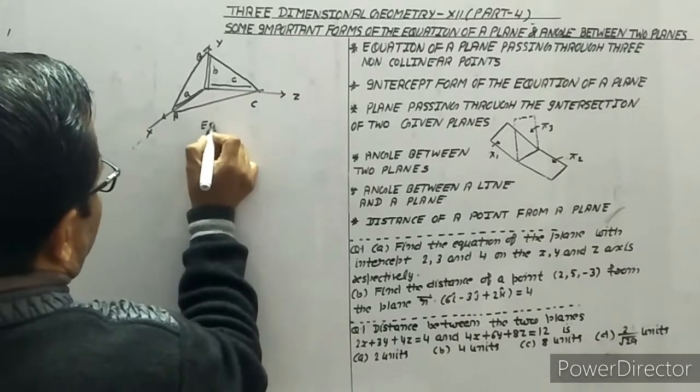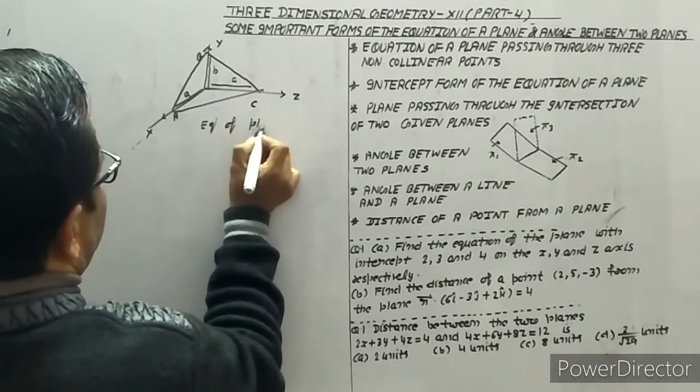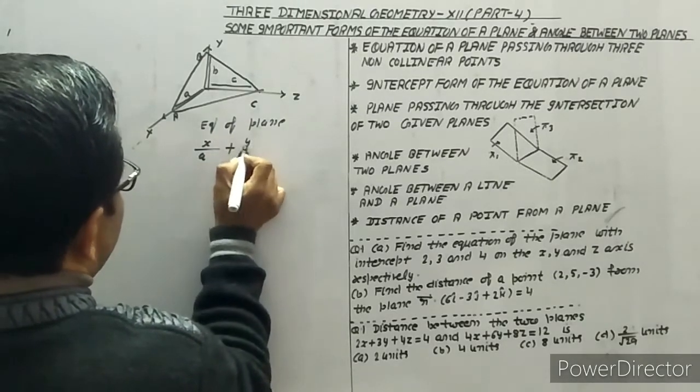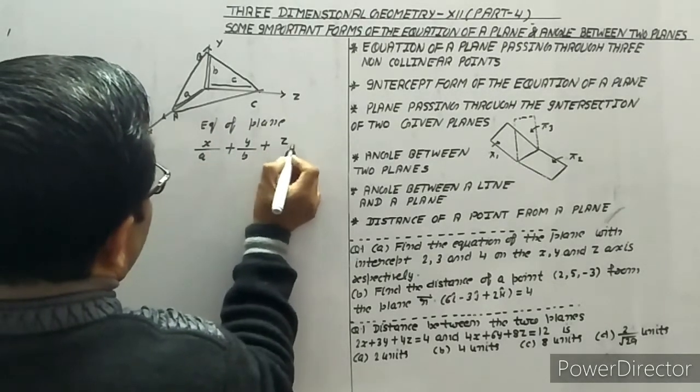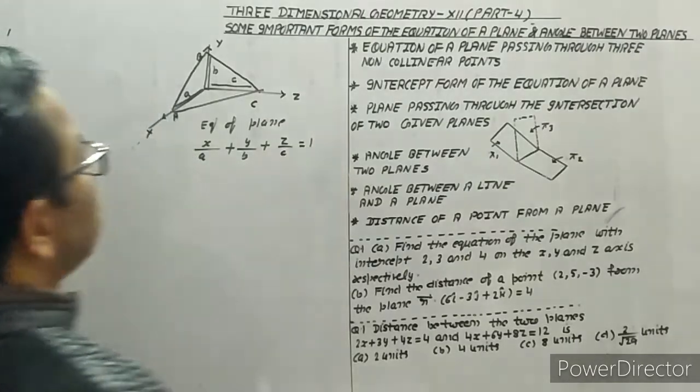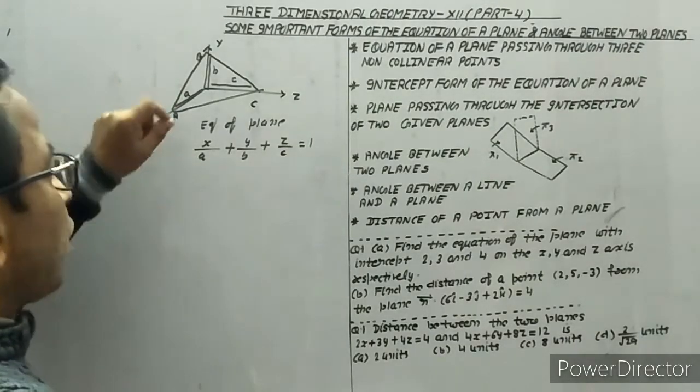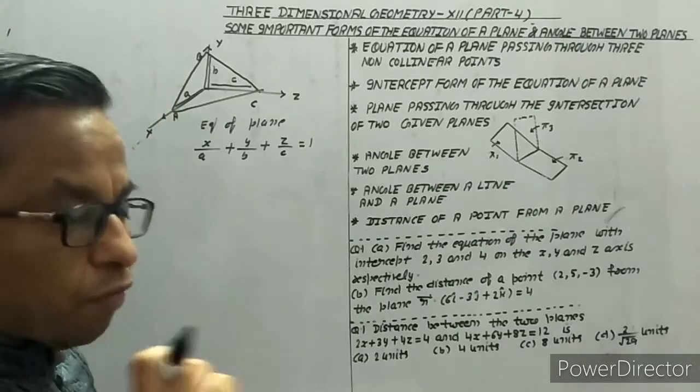Then the equation of the plane is given by x upon A plus y upon B plus z upon C is equal to 1. This form is very important for 1-mark questions.